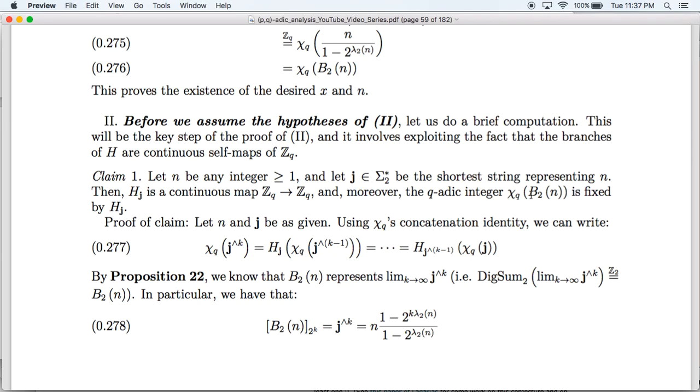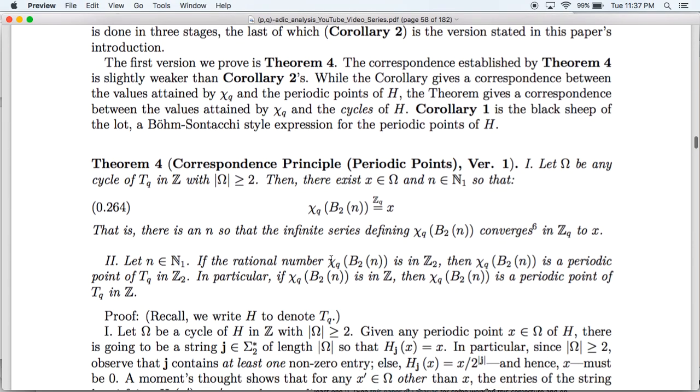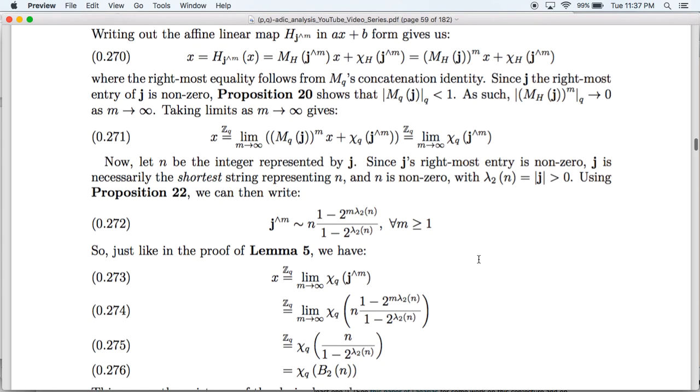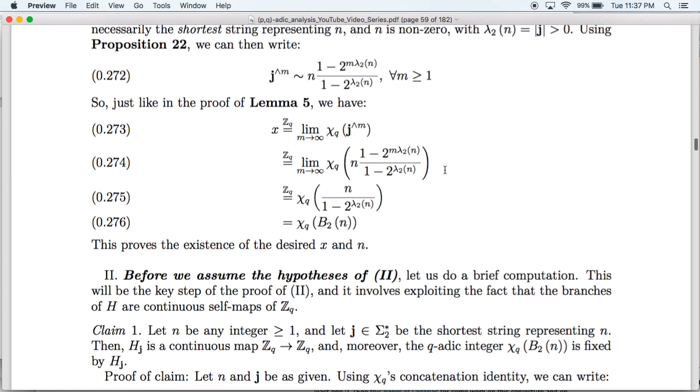So this here, it's worth pointing out. In the beginning of part 2, we're looking at chi-q b2 of n as a 2-adic number. But in this proof, we are treating it as a q-adic number, and the reason we can do so is because by the way its denominator works, its denominator is going to be co-prime to both q and 2, and that's why we can do this.